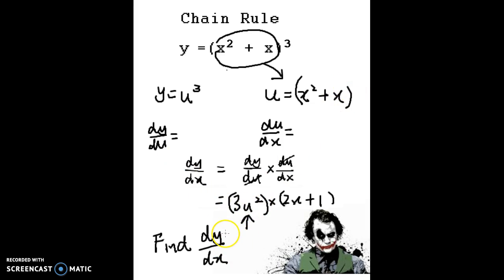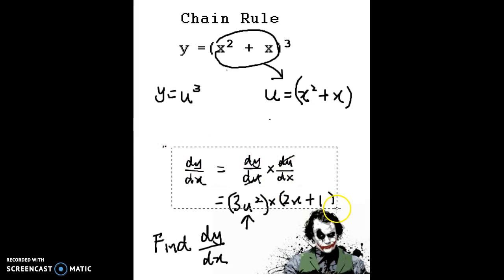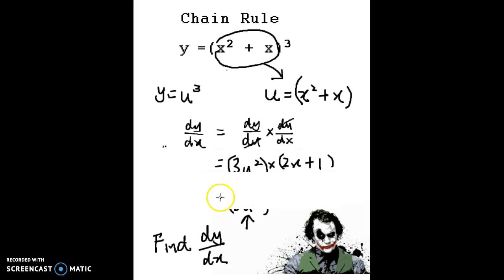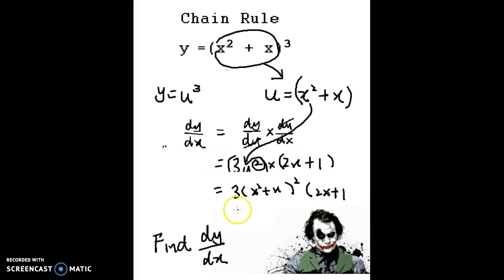For the final answer, I'll get some space first, get rid of these and move the whole thing up, then we're done. Which will give me dy/dx equals 3 times the bracket x squared plus x, the whole thing squared. So what I did is I put this bracket back in for u and then copied the 2x plus 1 at the back. Then we're done.